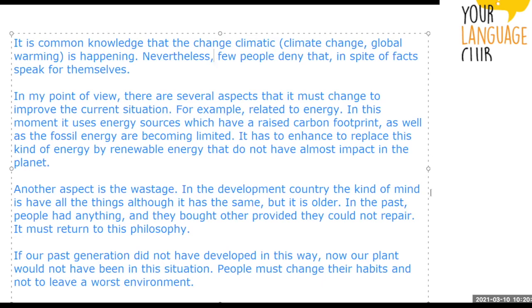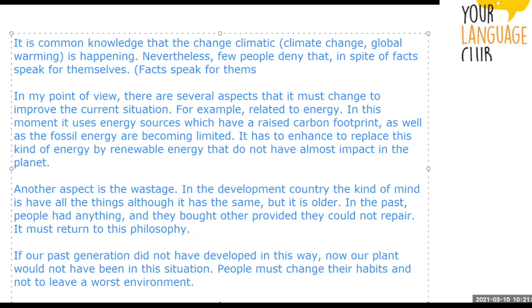If we invert the sentence, for example, if we say "facts speak for themselves, however, there are still few people who deny it." That is gorgeous, because then you use "facts speak for themselves", an idiom, and you are still adding information. Exactly.